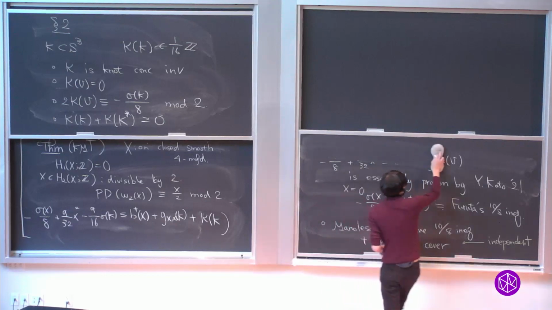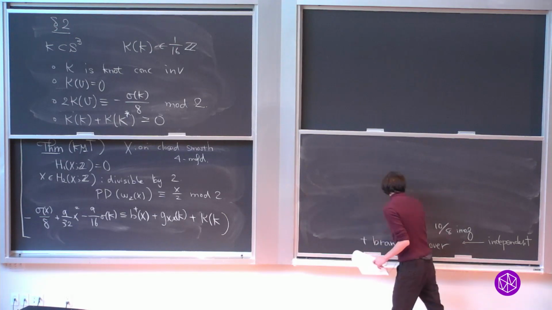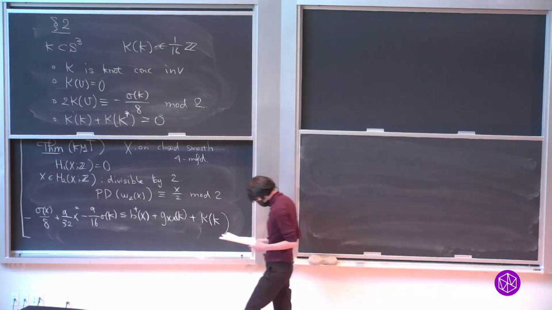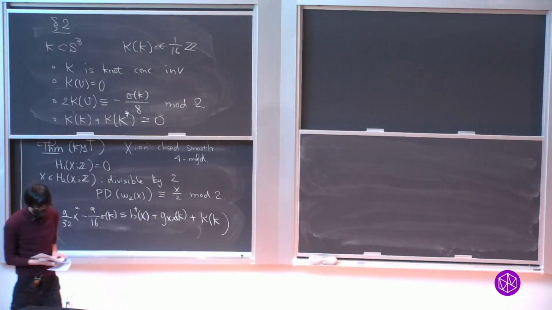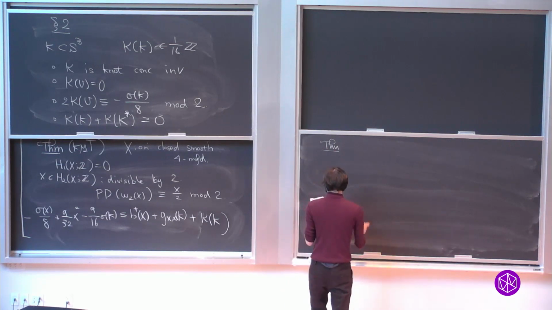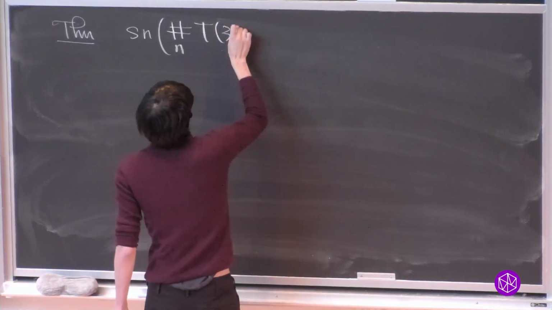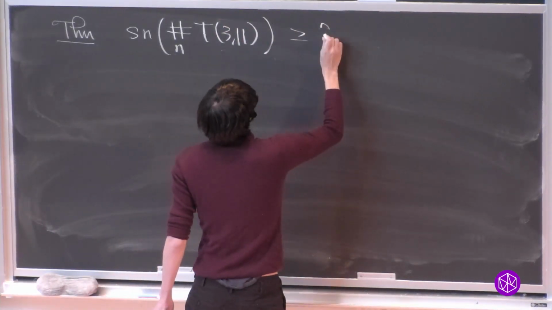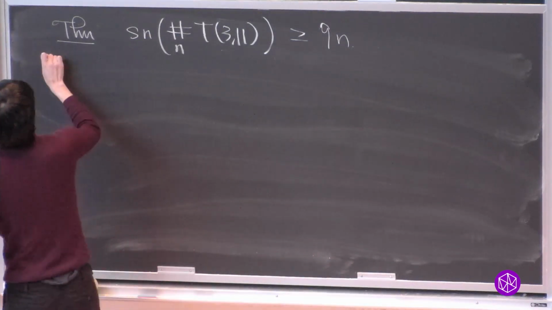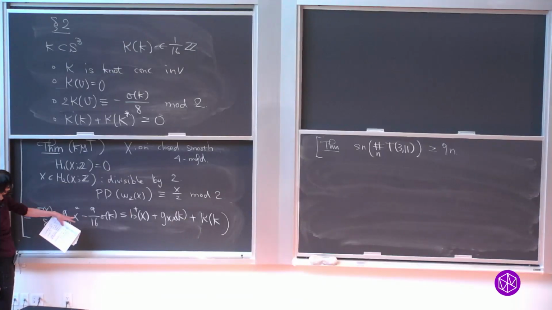Okay, now let's use our inequality to give a constraint for the smooth stabilizing number. So this is the theorem. The smooth stabilizing number of the m-connected sum of the T(3,11) knot is greater than or equal to 9m. It is not so difficult. We just put the connected sum of S2 times S2 here, and x as 0.